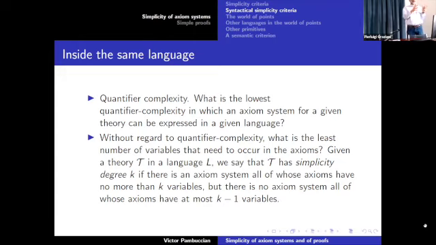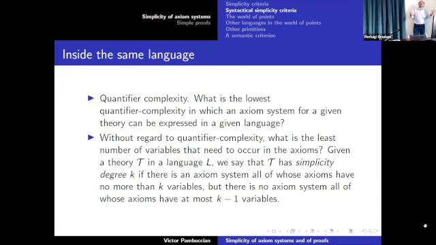I guess by this place, it sounds familiar with something that you heard on the Pasch axiom talk, because there we were wondering if it is possible at all to replace Pasch's axiom, which is a 6-variable statement, by some 5-variable statements.